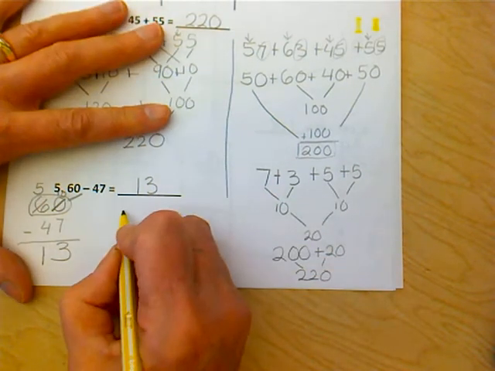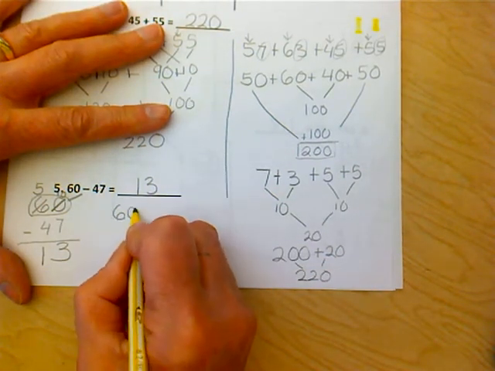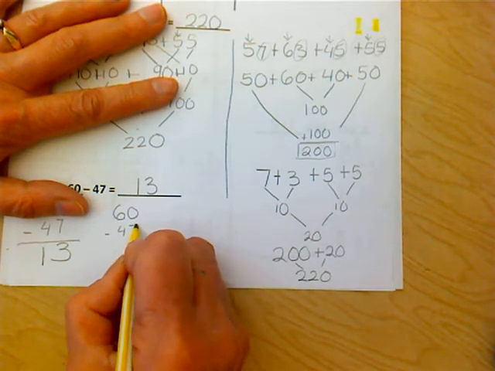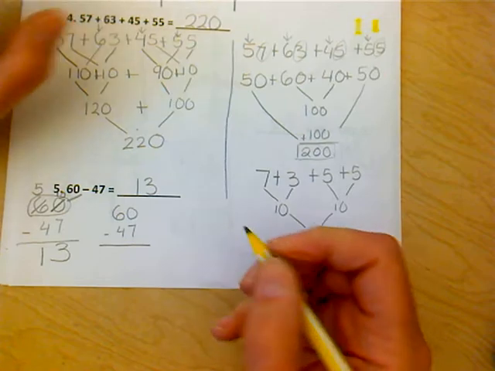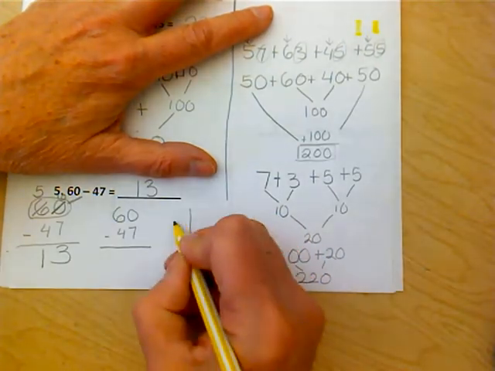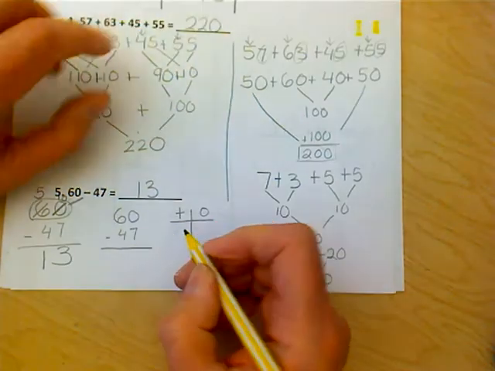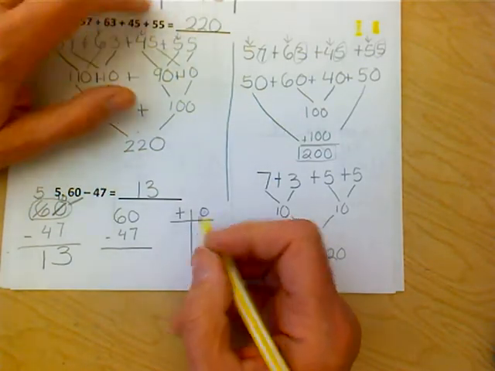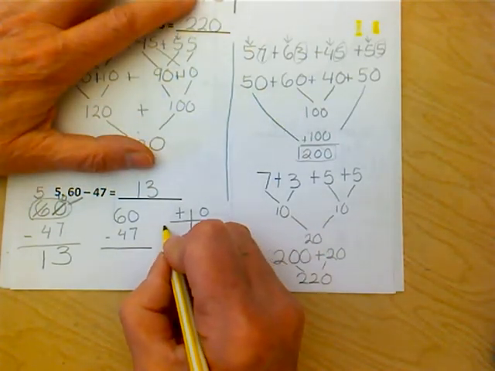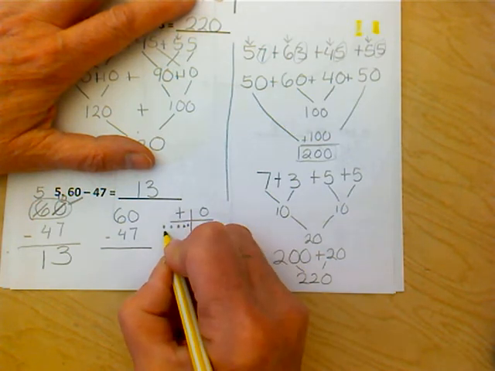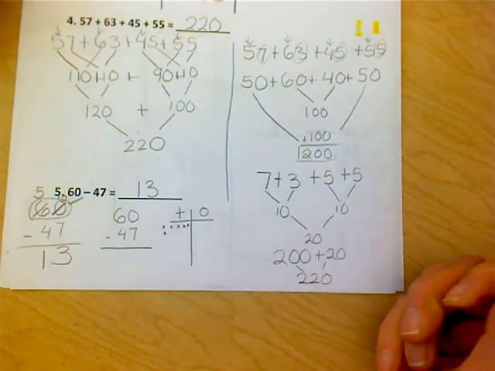I'm also going to show this exact same problem using the chip model. So 60 take away 47. Here's my chip model. Here's my 10s, here's my 1s. I'm going to represent 60: 10, 20, 30, 40, 50, 60, and 0 ones.